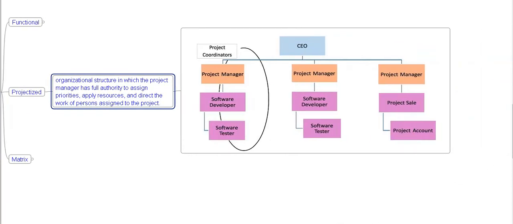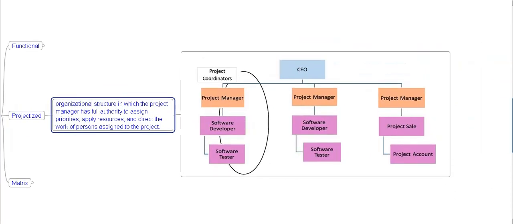This organizational structure shows a projectized organization. There is a project manager, and staff are working directly under this project manager. Software developers and software testers are working under this project manager, and the project manager reports to the chief executive officer.